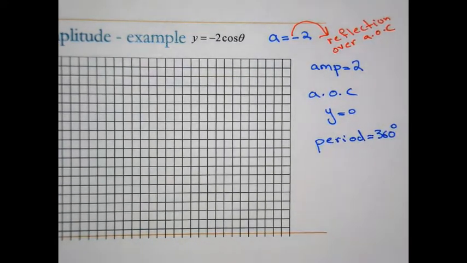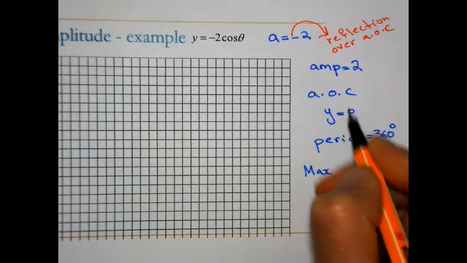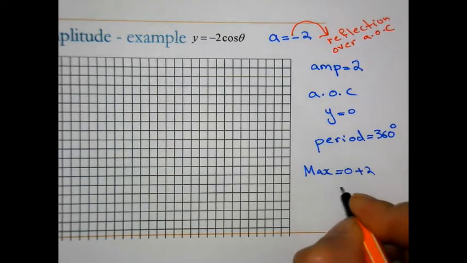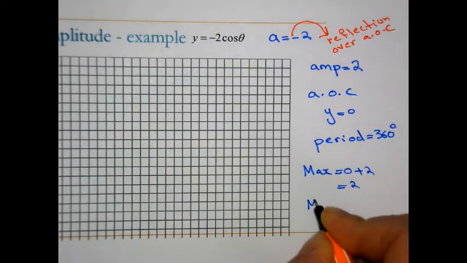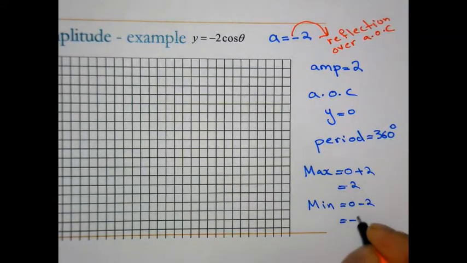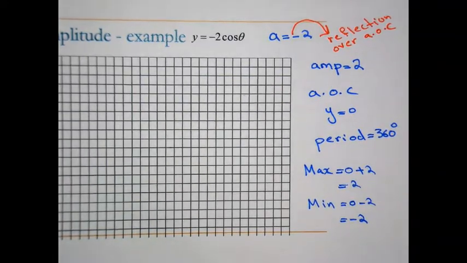Max is axis of curve plus the amplitude, so 0 plus 2 is 2, and min equals 0 minus 2, which is negative 2. So now we are ready to start.